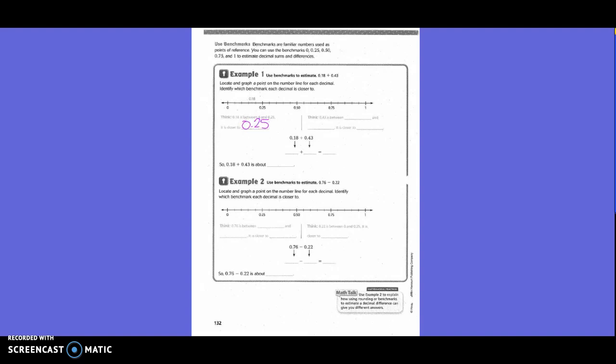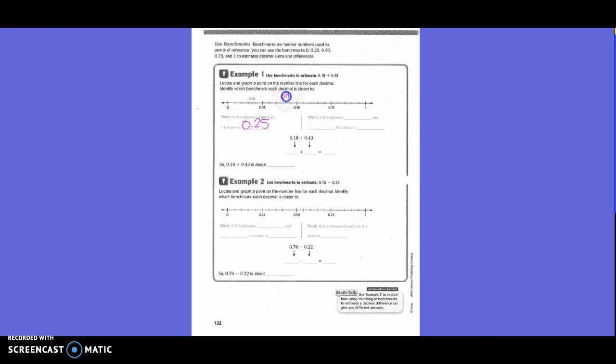Then they want us to go ahead and mark 43 hundredths. So these go in increments of what? 5, right? So if we went 25, 30, 35, 40, here's 45, so it'd go right here between those two, right?